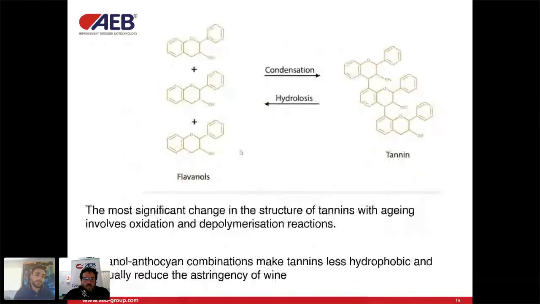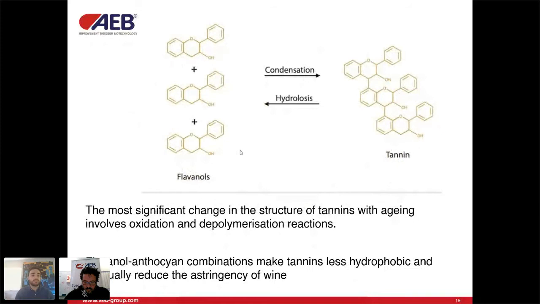In fact, aside from the reaction that involves the anthocyanins, tannins in your wine continuously go through condensation and hydrolysis reactions. And these reactions help the wine to gradually reduce the astringency. How? Because there's a change of structure in the wine because of this breaking of bonds and creation of bonds.